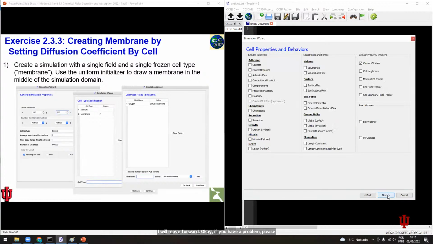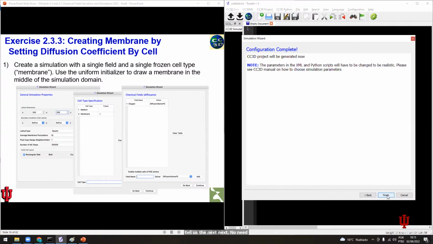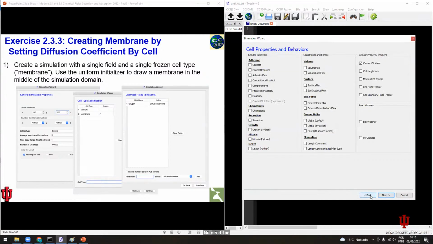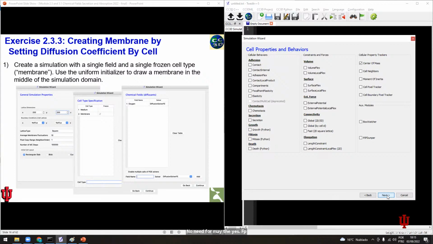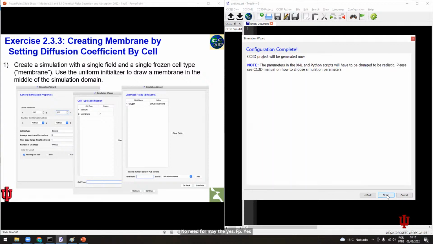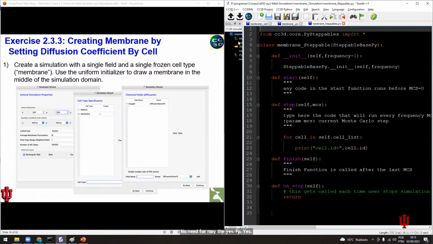The diffusion solver FE select. Yes, yes, okay. Thanks. Yes. And then next, finish. We don't need the rest, okay?